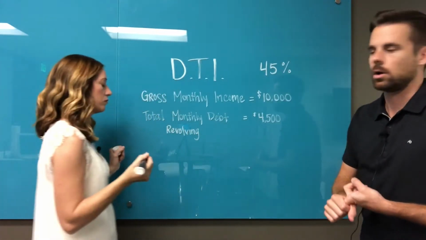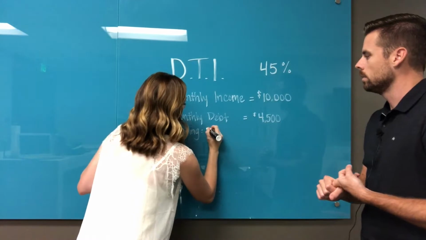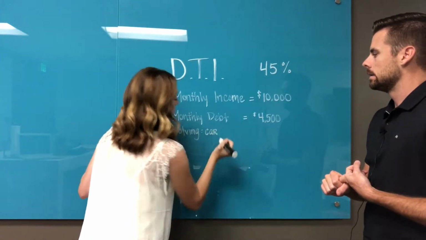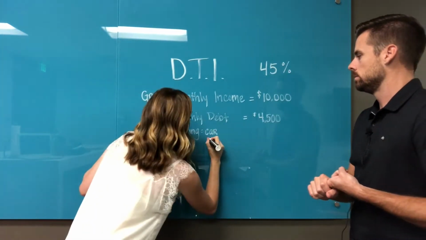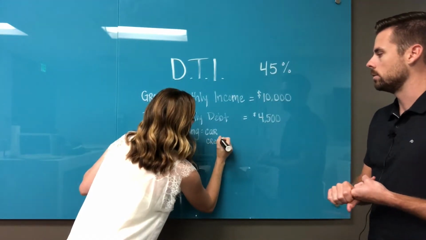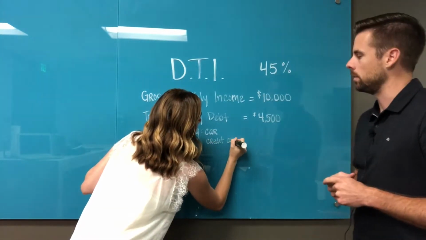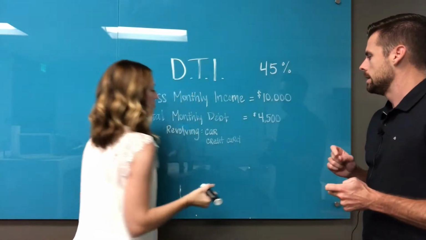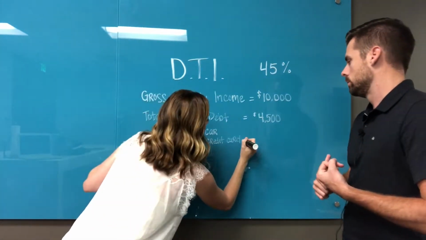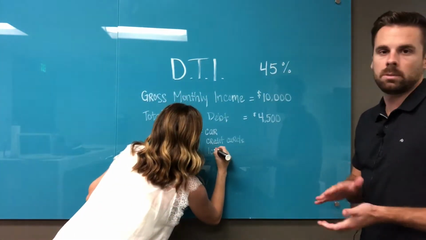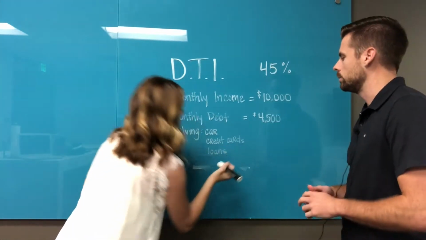Specifically car loans and car leases, credit card debt, the monthly payment on those debts, and we're only looking at the minimum monthly payment on the credit cards, and student loans. Again, what's the minimum monthly payment due on the student loans.